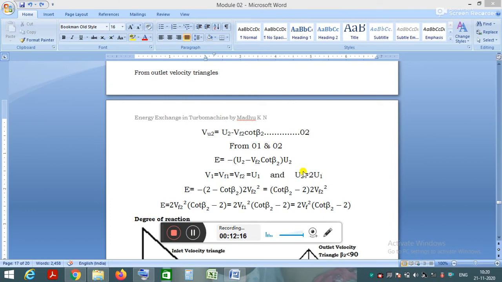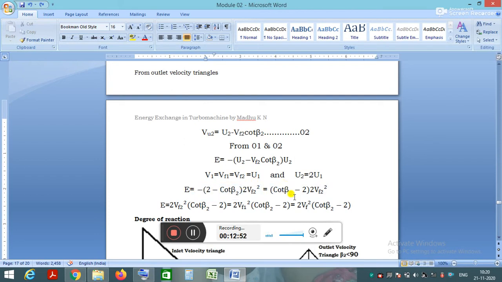Vf2 is common, so taking it outside we are left with 2 here, and with cot beta 2 there. Here U2 replaced with 2 Vf2 multiplied by Vf2 becomes 2 Vf2 square.